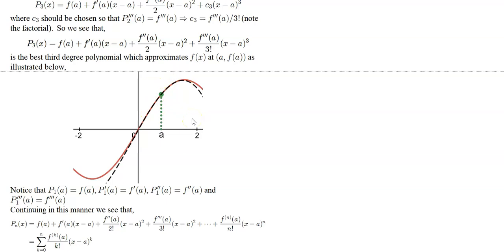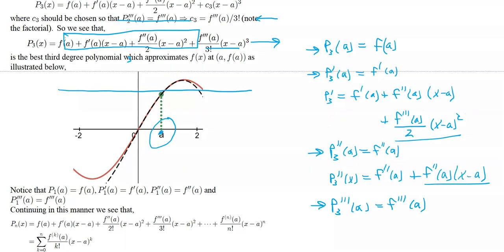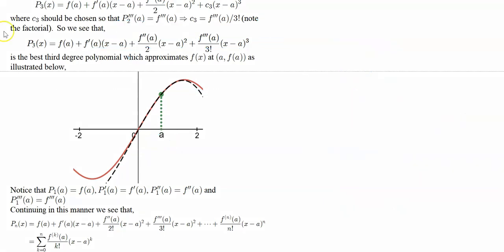Now if we continue in this manner, what happens when we continue? Well, the next term we would have here, we can see a pattern now. The next term is going to be the fourth derivative of f at a divided by 4 factorial times x minus a to the fourth.